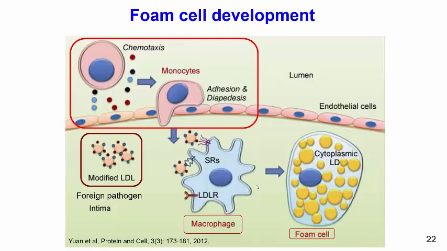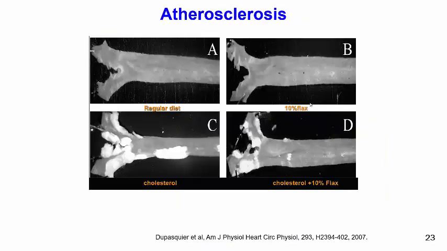And the foam cell will then come back and bind to the endothelial cells and release these cholesterol deposits as cholesterol crystals. And that is how plaque is formed on the inner layer of the endothelial cell.